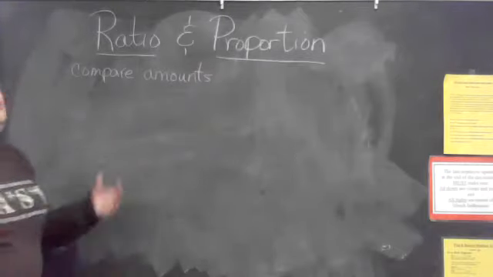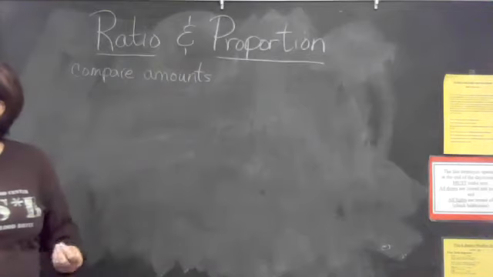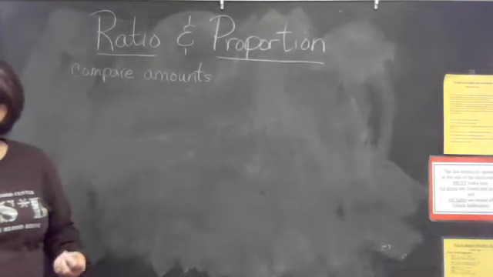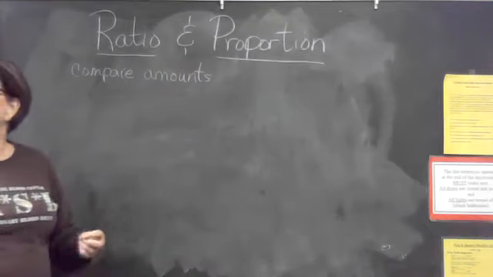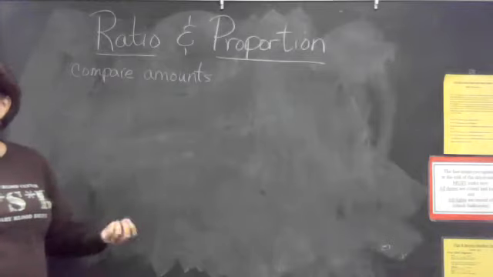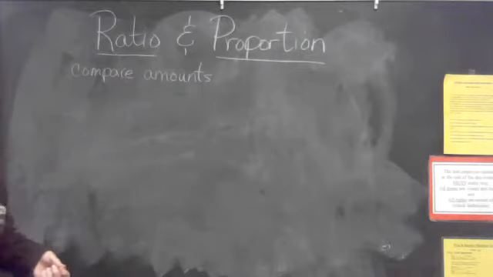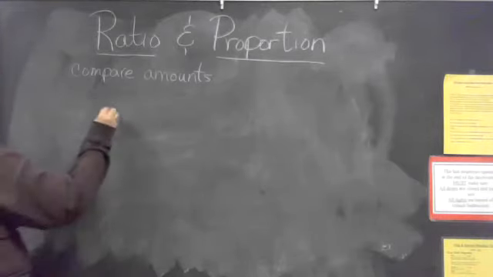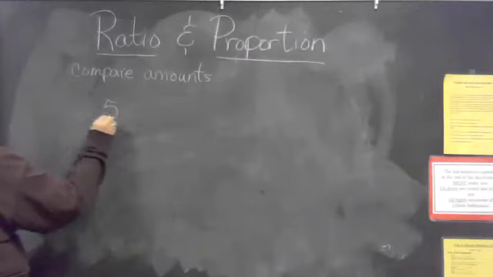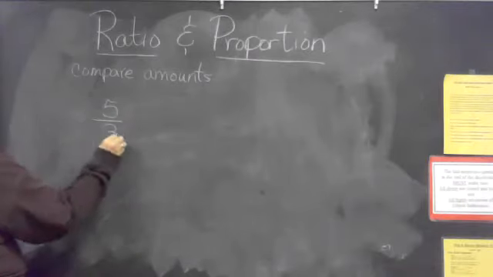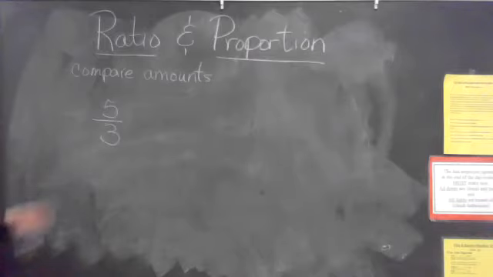Okay, and ratios are going to look like a fraction. You're going to do your mathematical operations like a fraction. The two things that are different, and it tells you about this on the front page of that handout, the two differences between fractions and ratios are, if you get a ratio of 5 to 3, you are not going to change this to a mixed fraction.